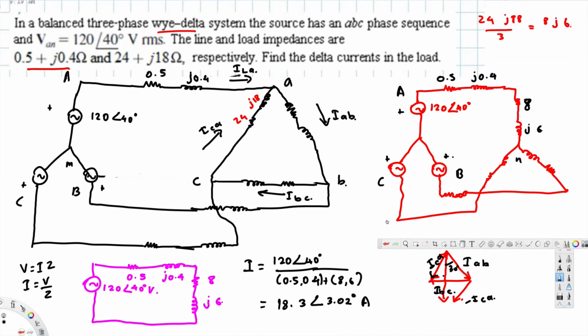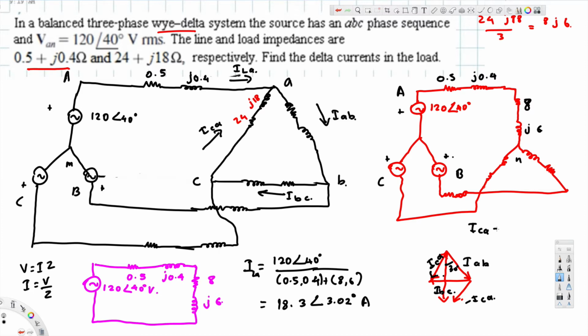Okay, now we found out ILA. ILA is equal to 18.3 angle 3.02 degrees. This is 30 degrees. Now let's go ahead and find out ICA.